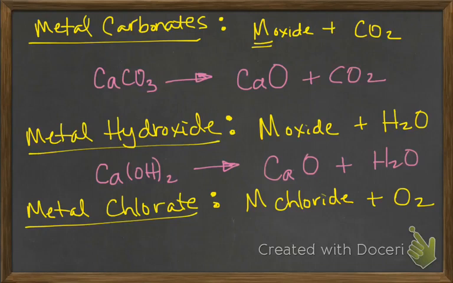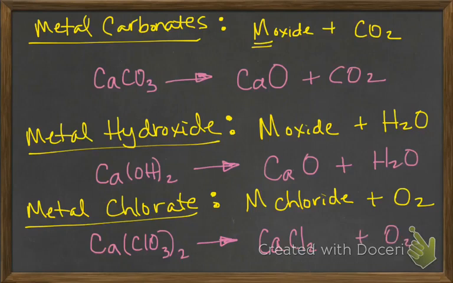So calcium chlorate. Chlorate itself is a 1 minus charge, so that is ClO3, and when I cross over charges, Ca(ClO3)2. It's going to break down into the metal chloride, which is calcium chloride. Chloride has a 1 minus charge, so when I cross over charges, it's CaCl2, and then oxygen gas.